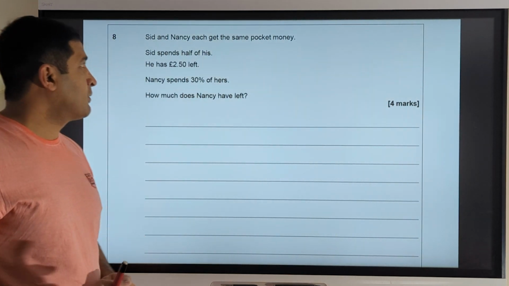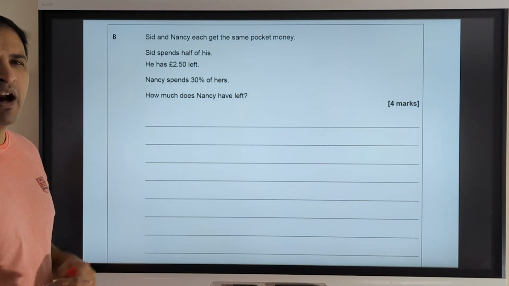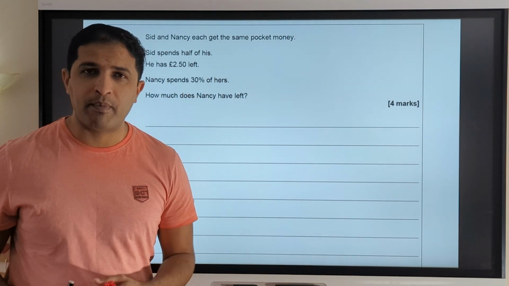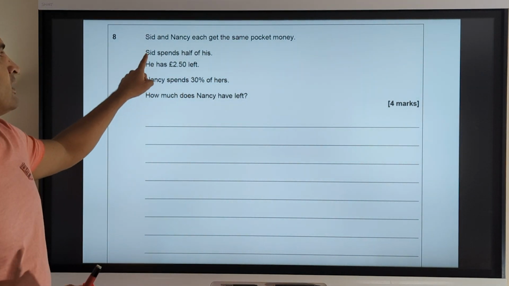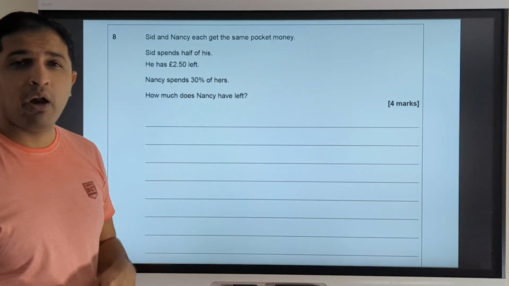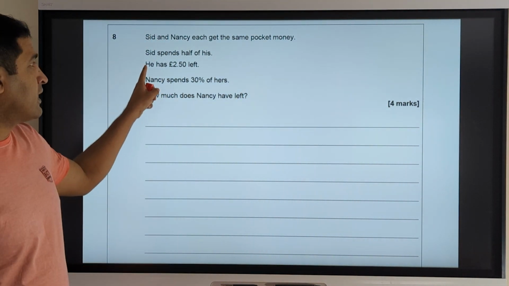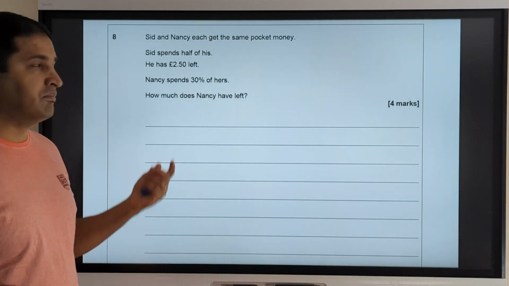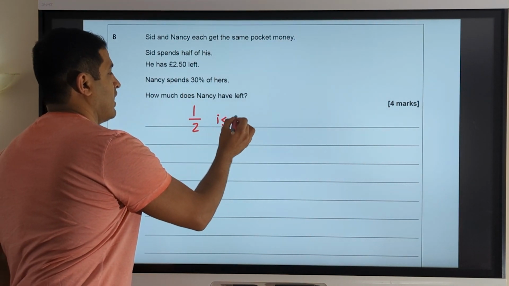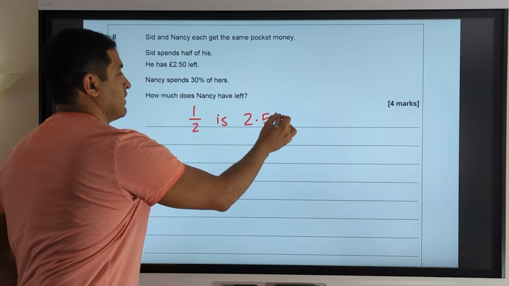Sid and Nancy get pocket money and they get the same amount. Whatever pocket money Sid gets, Nancy gets exactly the same amount. Sid spends half of his pocket money. It's a 4-mark question, so I would write down that he has half of it left, obviously. So we're saying the half is 250.